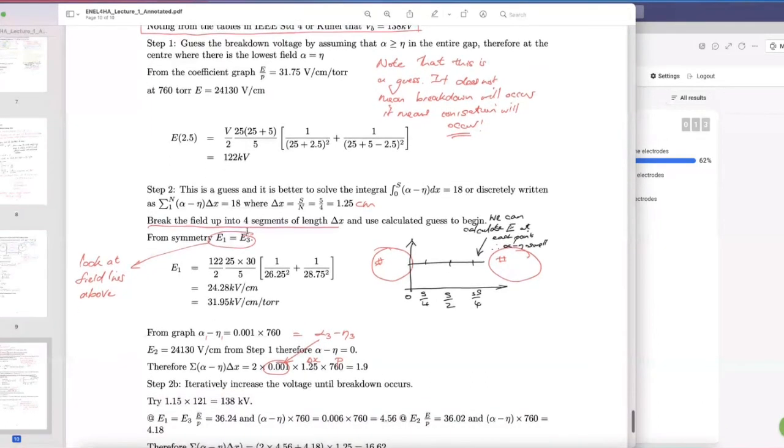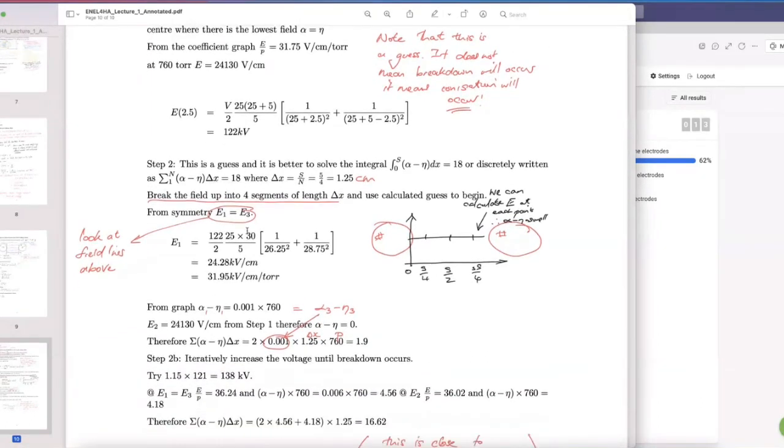The second step is to solve the streamer equation. So we're going to look at this integral here. Right, so previously we had a uniform field where alpha minus eta d or x would equal 18. So in this case, for a non-uniform field, because the electric field changes, alpha minus eta changes in each section of that.